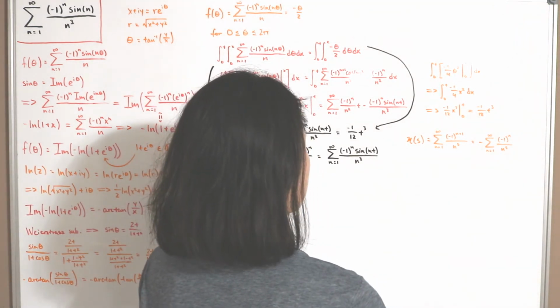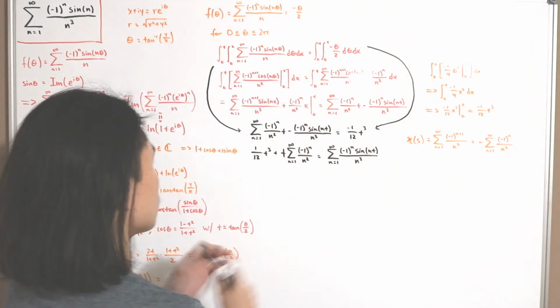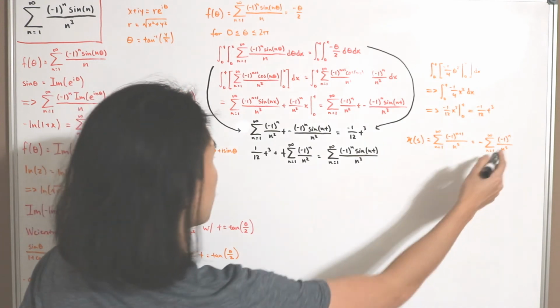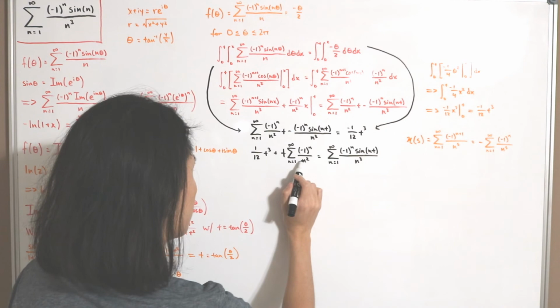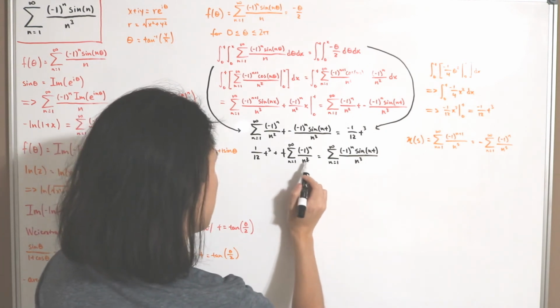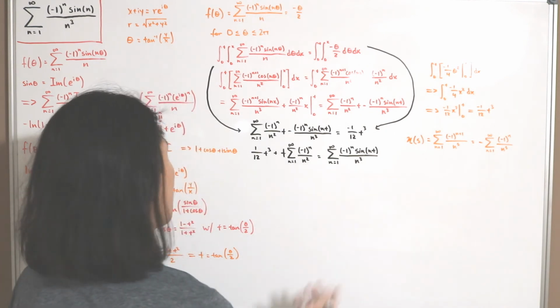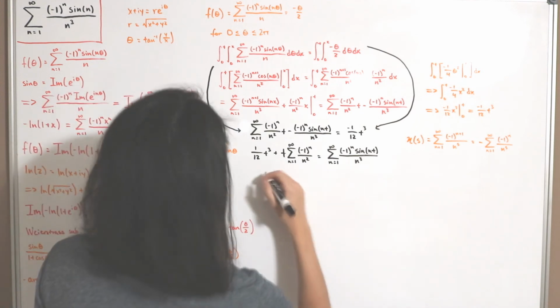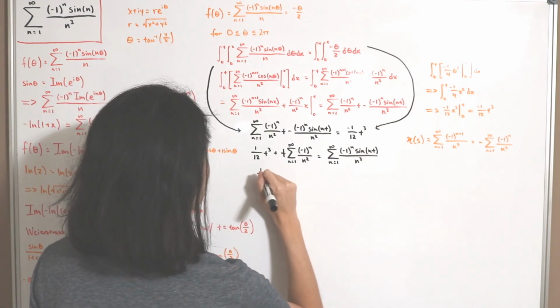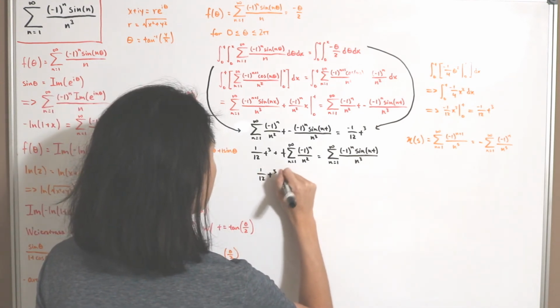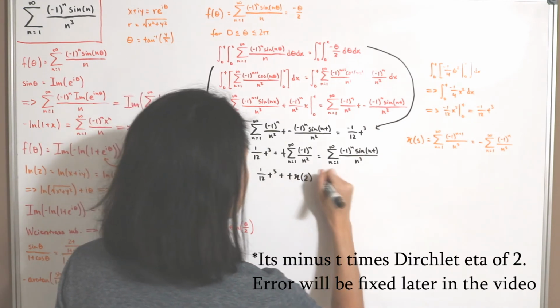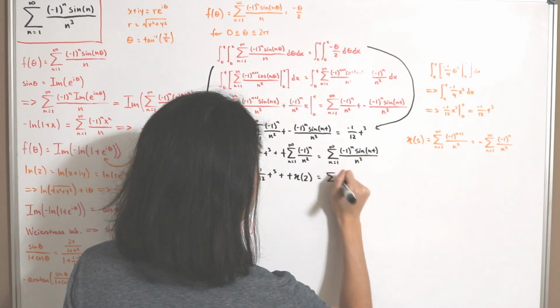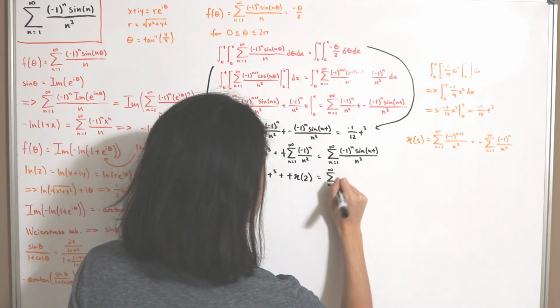Let me first do some substitution. Okay, so I'll replace our series here. This is actually evaluated at when s is equal to 2. So this is the Dirichlet eta of 2. So over here, this is 1 over 12 t cubed plus t times our eta evaluated at 2, and then set that equal to the infinite series from the right hand side, just like that.